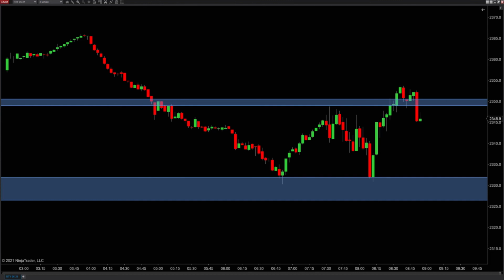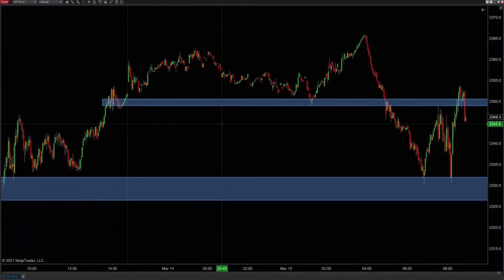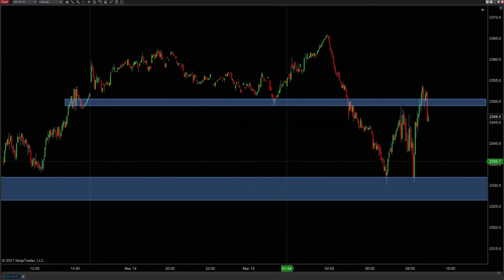I'm debating entering. Order filled. Okay, I am short the Russell on the 3-minute chart off a confirmed failure at the prior resistance areas.